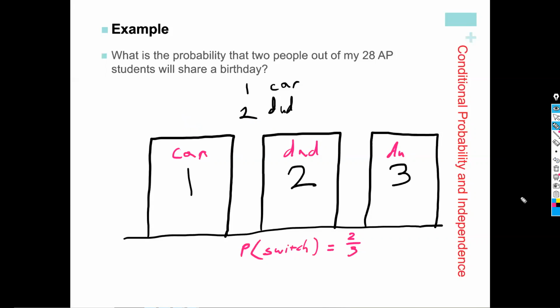Next choice, let's say we pick door number 2. Well, if we pick door number 2, then they have to open door number 3 to ramp up the tension and choose the dud. And so then we switch our choice to door number 1, and hey, we won a brand new car.